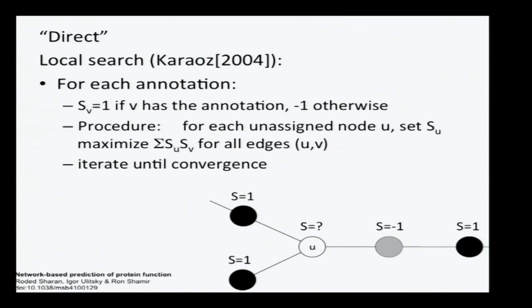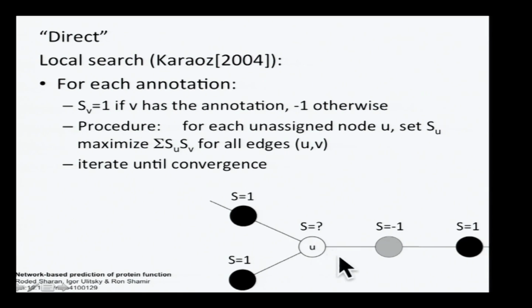So here's one approach, which says the following. I'm going to go through every function, every annotation in my database, separately. For each annotation, I'll set all the nodes that have that annotation to +1, and every node that doesn't have that annotation, either it's unknown or it's got some other annotation, to -1. Right? And then for every unknown, I'm going to try to find the setting which is going to maximize the sum of products.